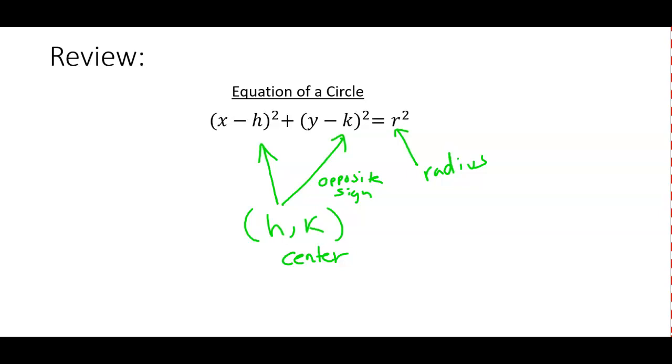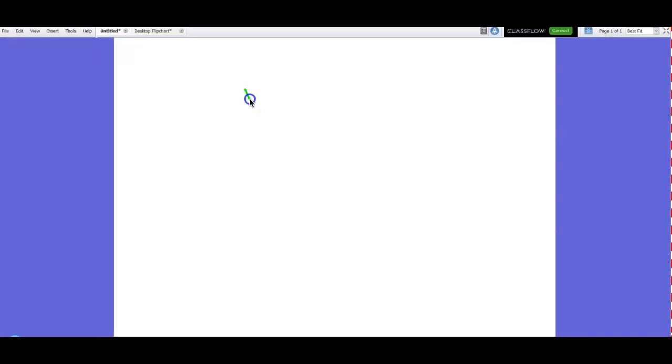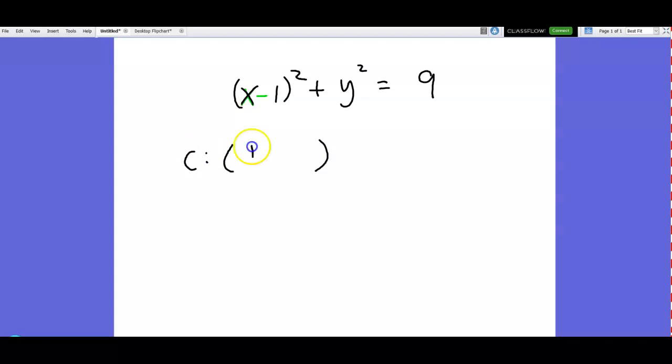So if I gave you guys this, x minus 1 squared plus y squared equals 9, what would my center be? 1 and 0, right? You take the opposite sign, so it's positive 1. And this one doesn't have a number, so that would be 0. Now be careful here. What's the radius? The radius is r, not r squared.